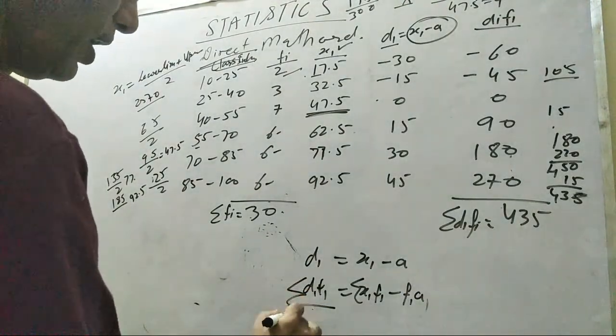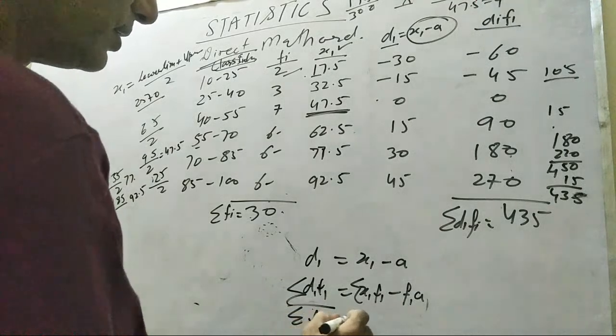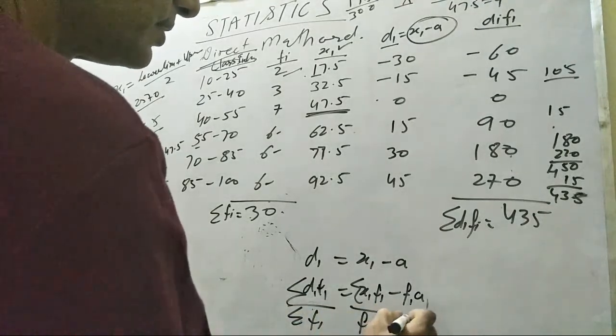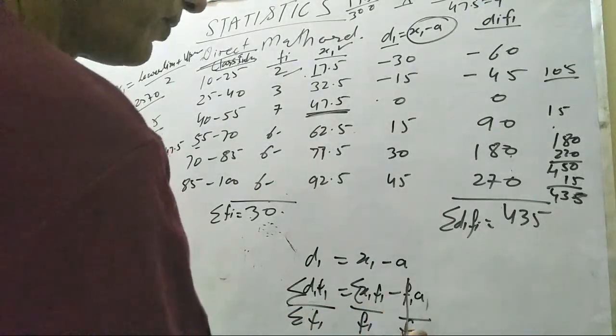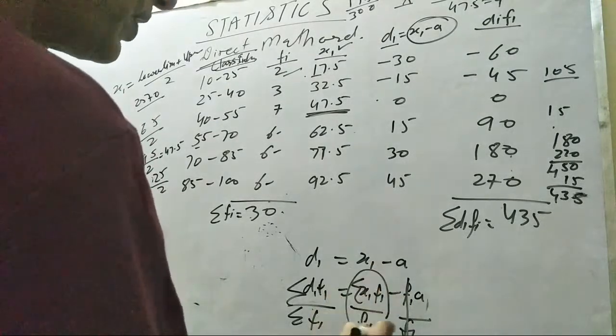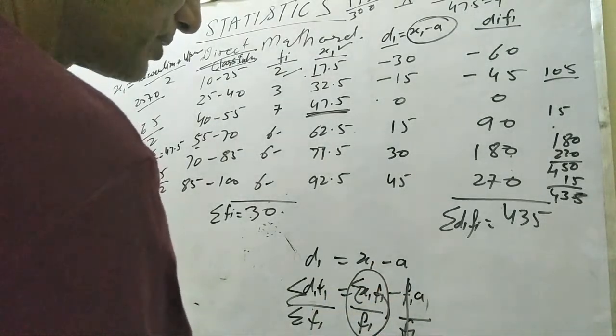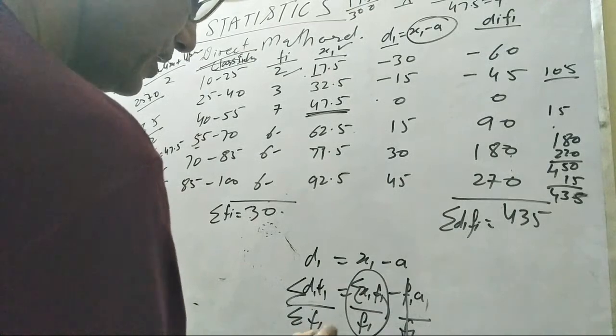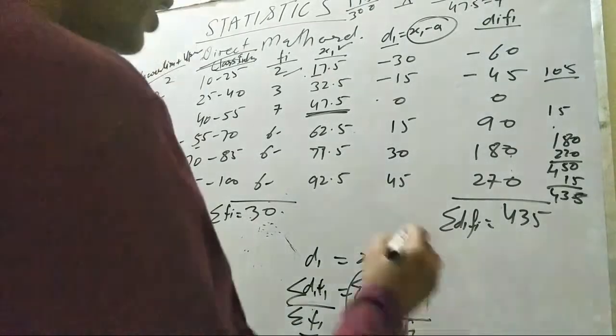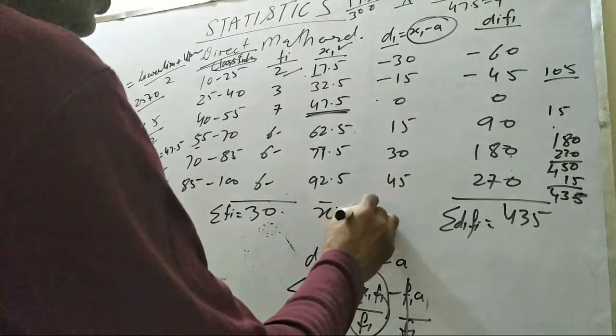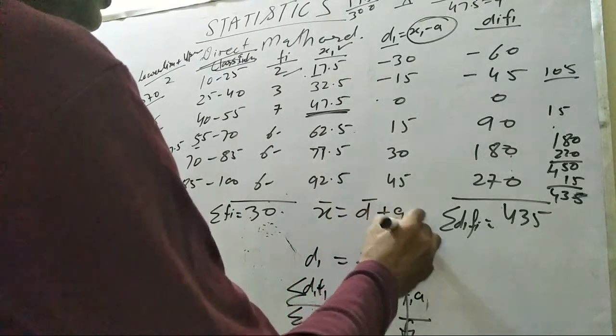This is sigma f1, and f1 cancel. This became x mean, d mean minus a, and x mean is equal to d mean plus a.